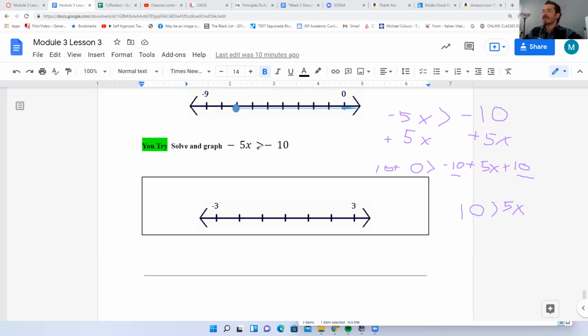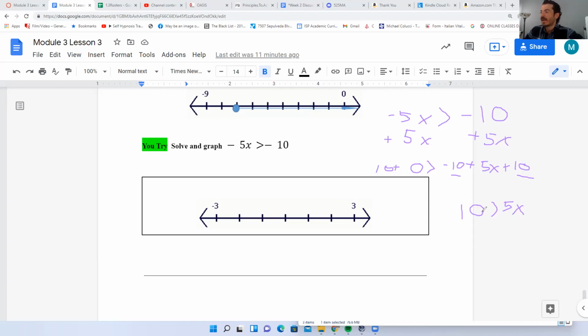But where they were negative, they're now positive, right? So it makes sense that the sign would shift, because if I had multiplied both sides by -1, I would have been left with exactly this. Only the 5x would have been on the left, and the 10 would have been on the right.